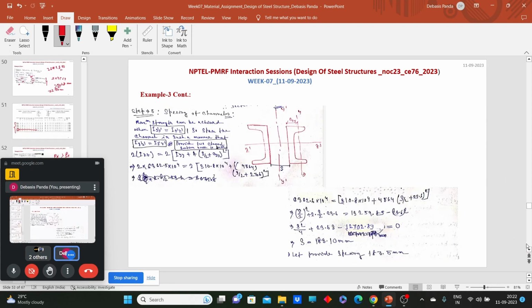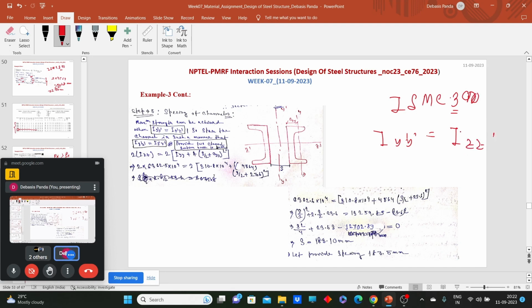Now what do we need to do? We have two ISMCs, ISMC 300. Now we need to place them back to back in such a way that Iyy dash should be equal to Izz dash.